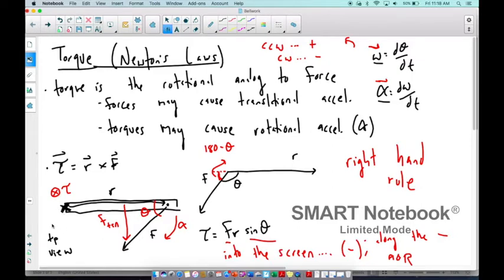Well, then you would draw a little circle with a dot in the middle, and that's like an arrow with the point coming at you. So you see that point approaching you. That would be coming out of the screen. That would be positive. Ours, of course, is negative going into the screen. Okay, so this is the definition of torque. Maybe we should do a couple more examples.